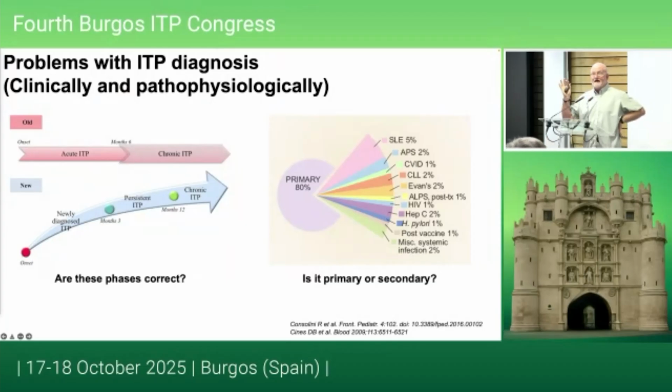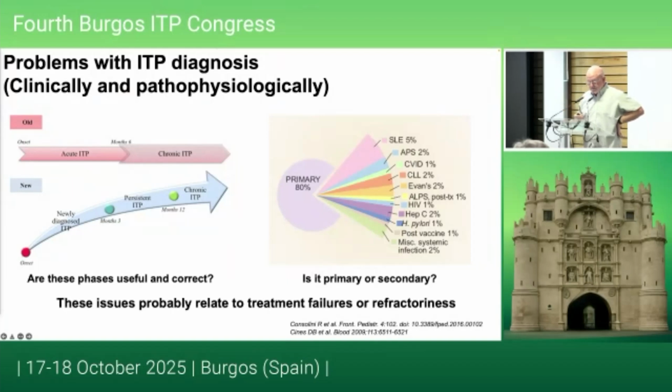The rest of them have other immune disorders, and that's the problem. They complicate not only therapeutic responses, but also trying to understand the pathophysiology of primary ITP. So these issues that I'm talking about clinically, and this is the only real clinical slide I'm going to show, probably relate to treatment failures or refractoriness in this disorder.